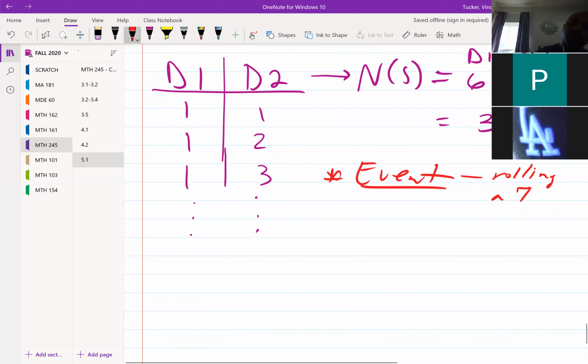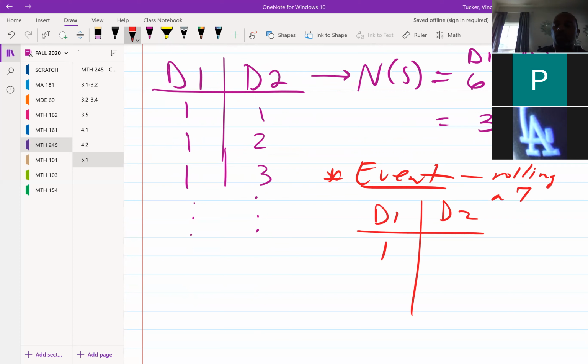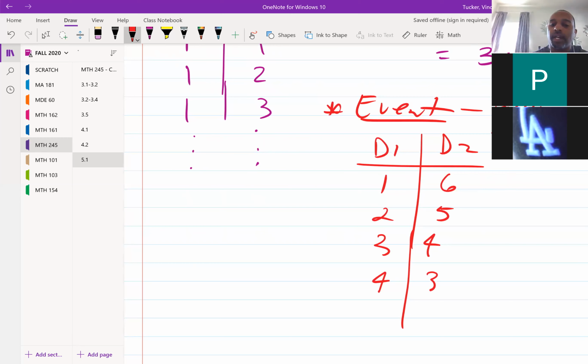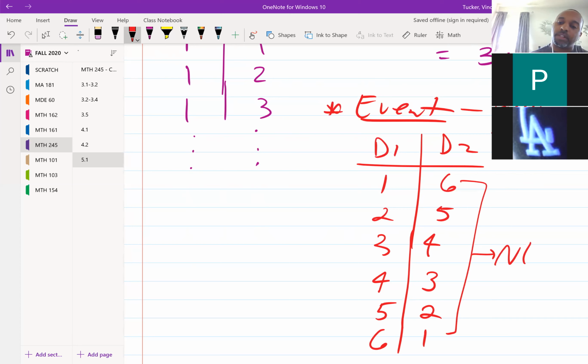Looking at die 1 and die 2, I could roll 1 and 6, 2 and 5, 3 and 4. Now, rolling a 3 for die 1 and a 4 for die 2 is not the same thing as rolling a 4 for die 1 and a 3 for die 2. So I can just reverse my numbers, and I have 6 possible event outcomes.